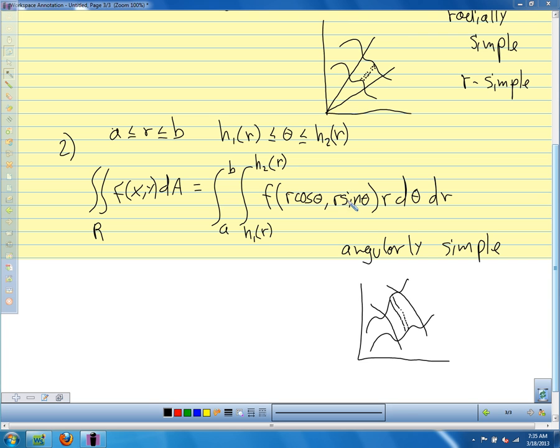And then of course when we integrate, we have trig functions, so sometimes that makes it a little more difficult, but often integrating the trig functions in polar coordinates is easier than integrating the functions in rectangular coordinates. All right, let's look at a few examples.